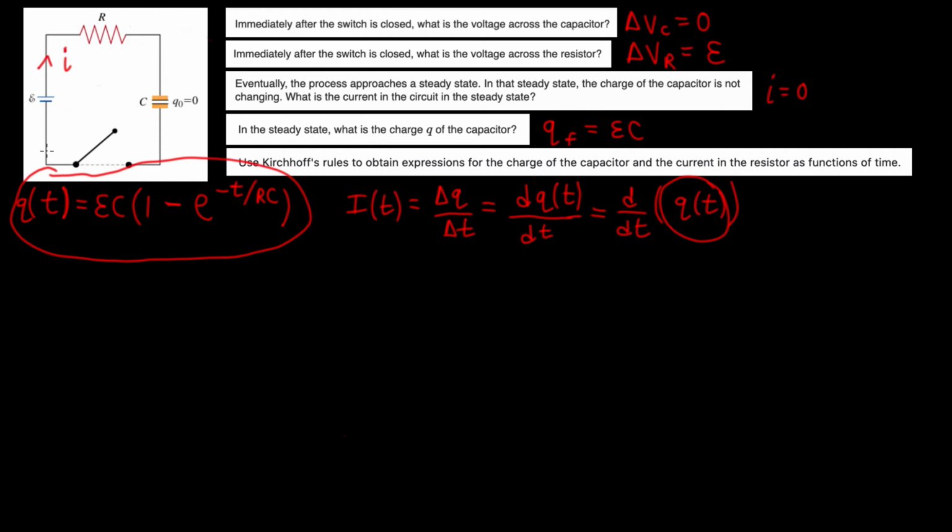So if we just take the derivative of this circled expression with respect to time, we can solve the question. So let's just take the derivative of this with respect to t. And if we do that, we would get that the derivative with respect to time of the charge, of this entire expression, if I write it in right here, would look like this.